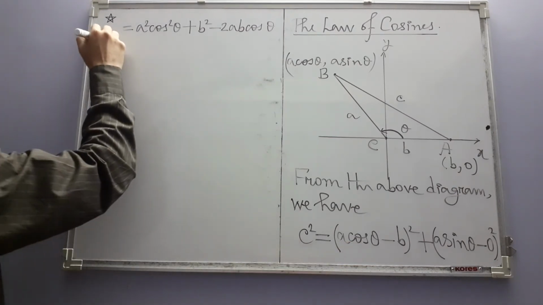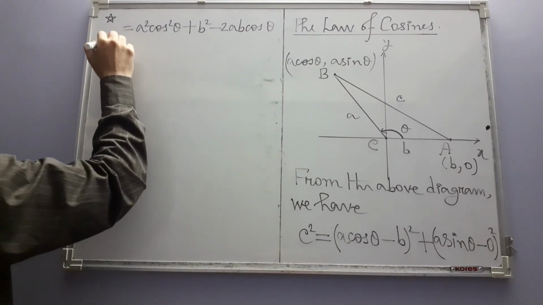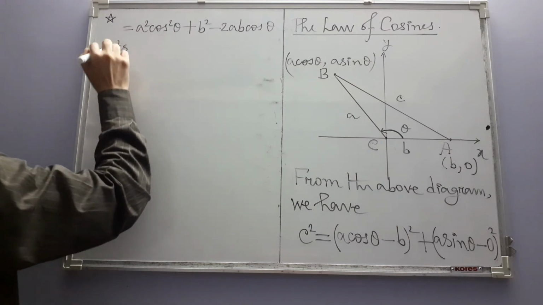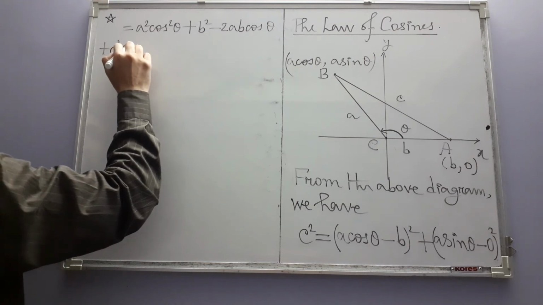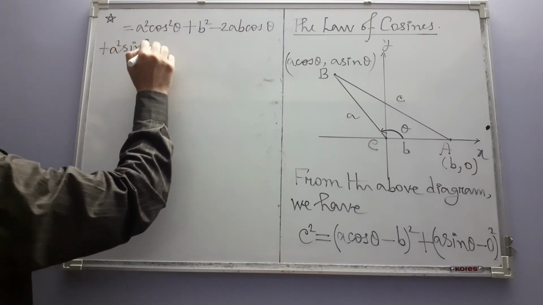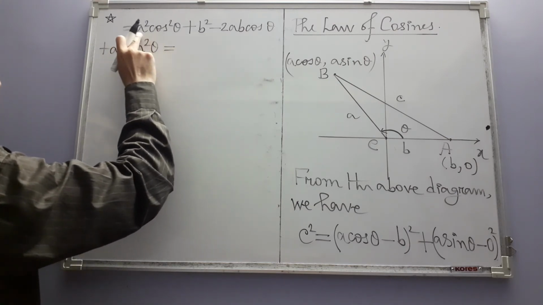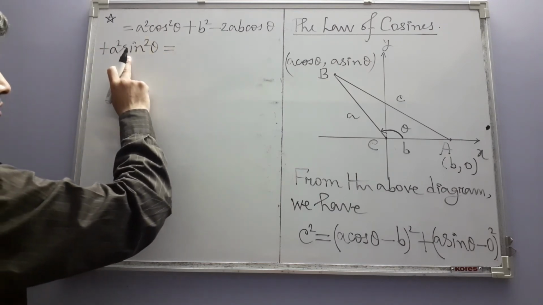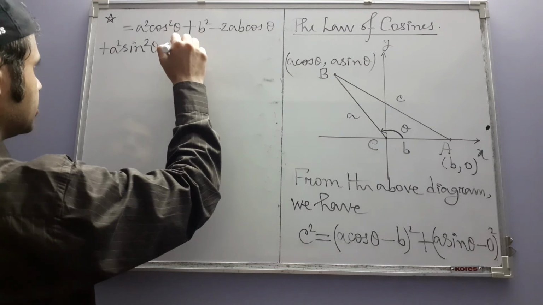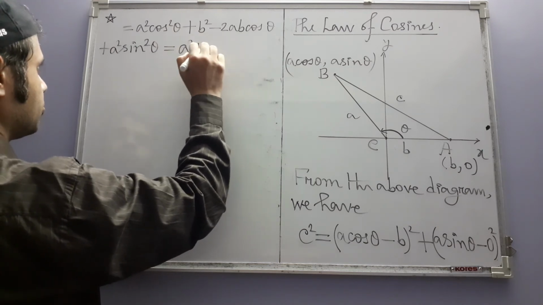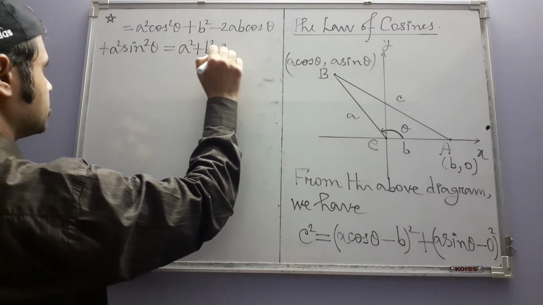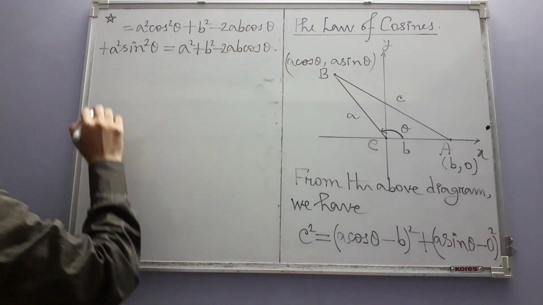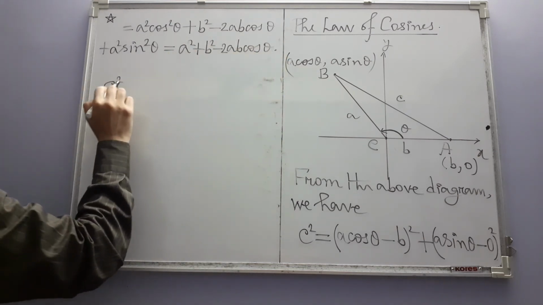So plus b squared, a squared sin squared theta. So this, if you take a squared common out, then you get 1, cos squared theta plus sin squared theta. So we ultimately get this.